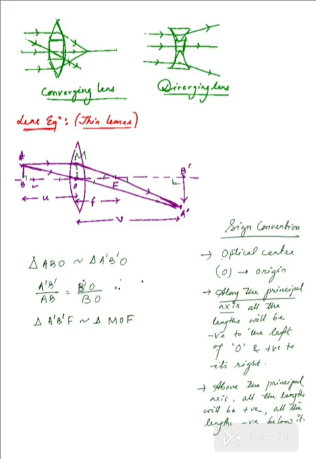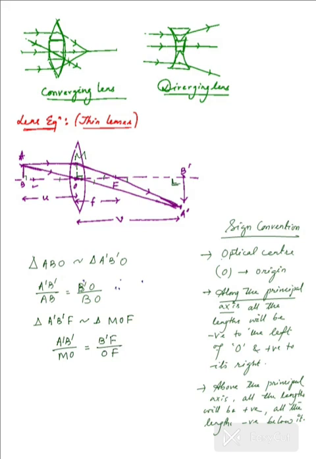You have MO at right angles to the principal axis, whereas A dash B dash is at right angles to the principal axis. So they are similar as well. So you have A dash B dash over MO equal to B dash F over OF.